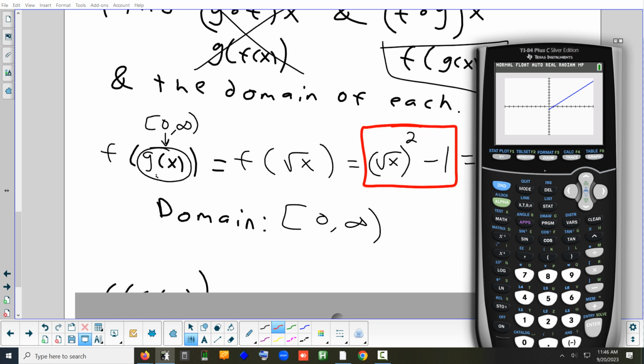So my advice is whenever you have to type something in on the calculator, like a square and a square root, if they cancel, type it in on the calculator not canceled. And then the calculator will cancel it itself, and it knows not to use negative numbers. Again, compared to doing this, now the calculator doesn't know it shouldn't use negative numbers, and it just draws the whole line. That's not right.